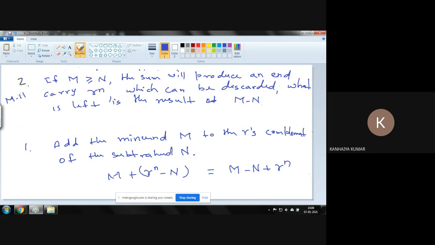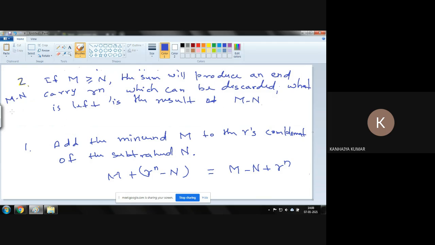If m is greater than or equal to n, the sum will produce an end carry, which is r to the power n, but we should discard it. And what is left after discarding the end carry r to the power n is the result of m minus n.